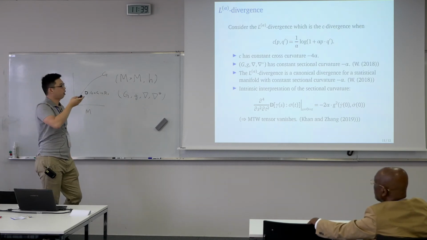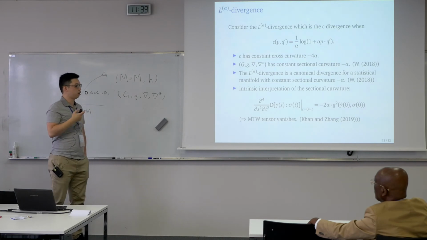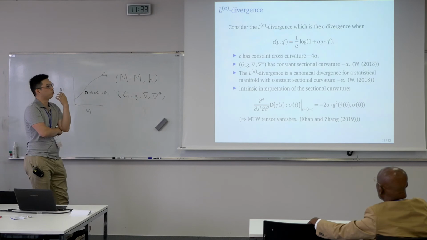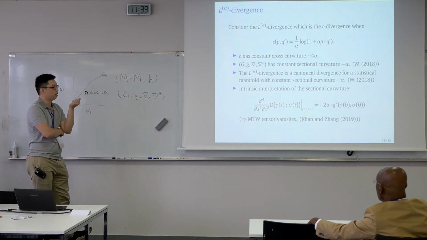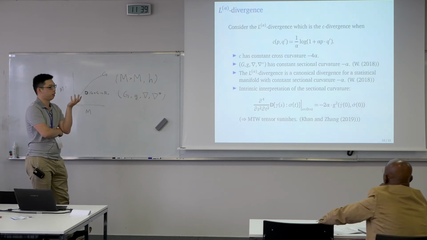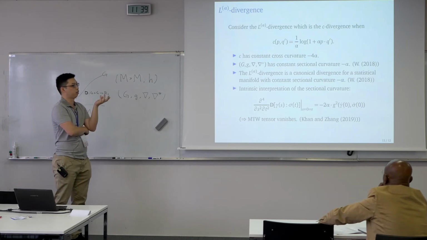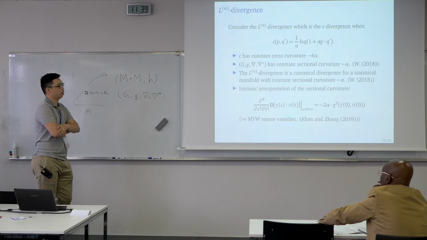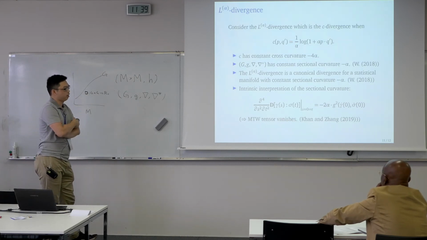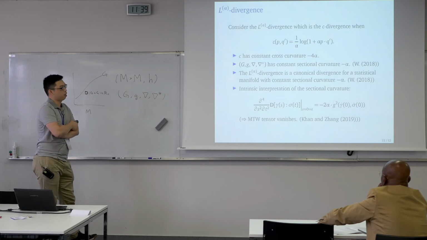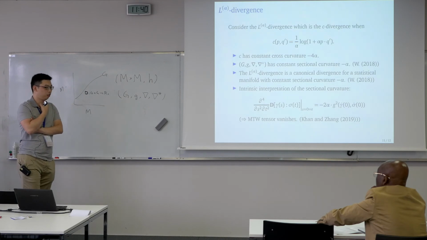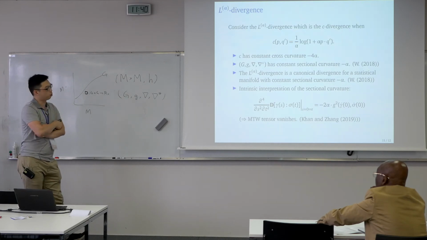Here, the L alpha divergence is actually the C divergence of the following cost function. And we calculate that it has constant cross curvature, which implies that this divergence's dualistic structure has constant sectional curvature, which recovers Leonard's previous work.